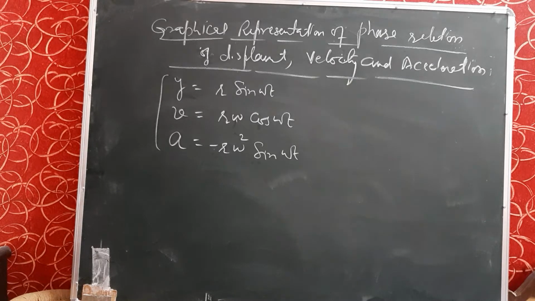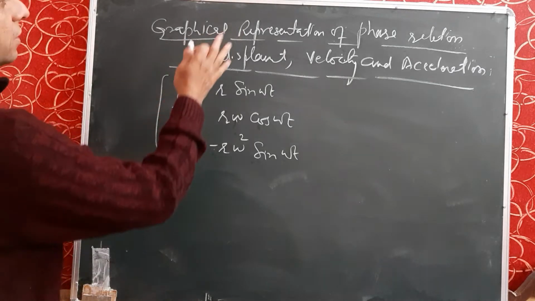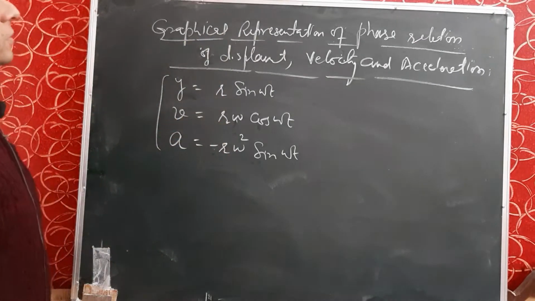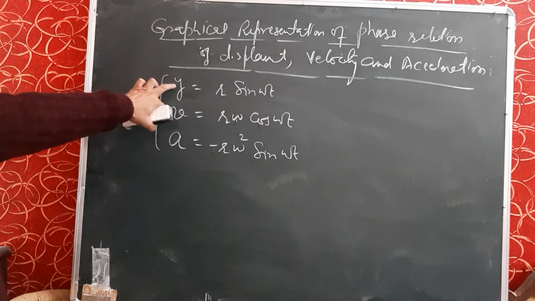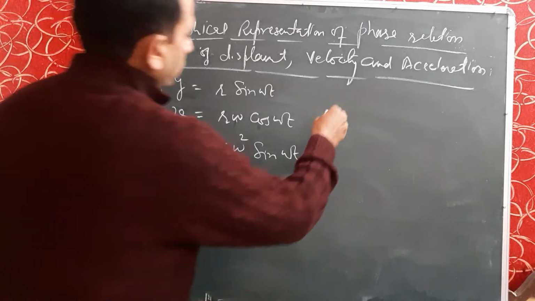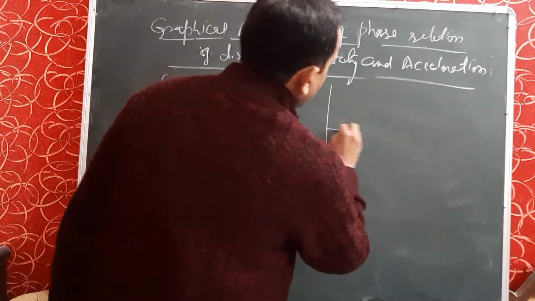Now, on the basis of these formulae, we will plot the graph for these three quantities. So, this is our article, graphical representation of phase relation of displacement first, velocity second and acceleration third one. So, I will draw three graphs.